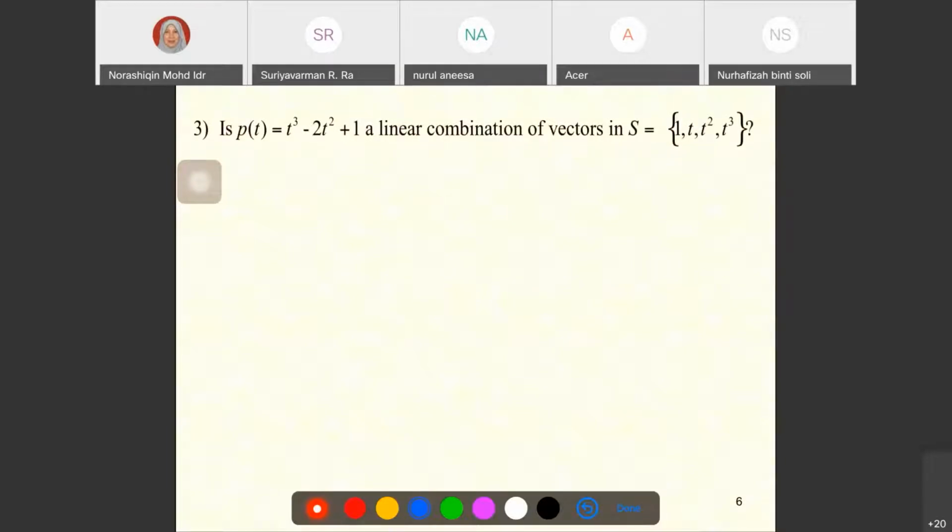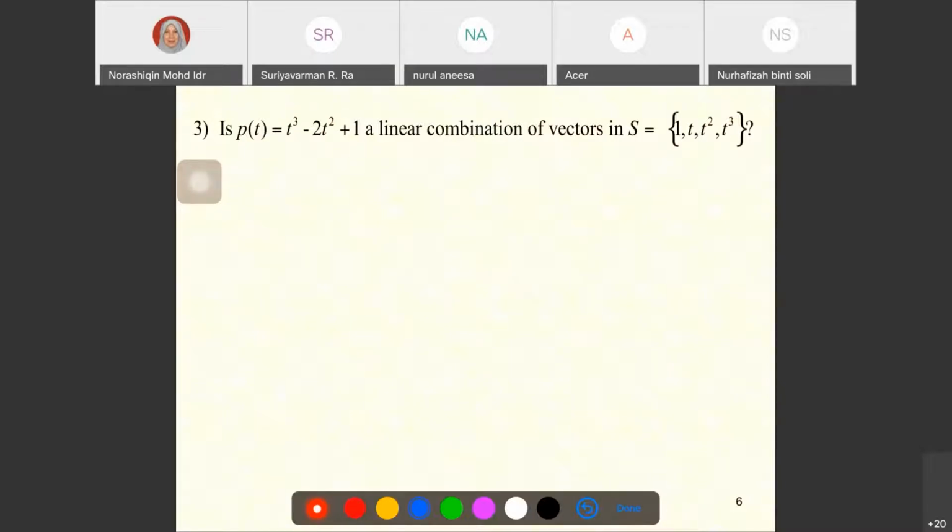Polynomial now. Is p(t) equal to t cubed minus 2t squared plus 1 a linear combination of vector S? The vector S consists of 1, t, t squared, t cubed. So it's just the same thing.